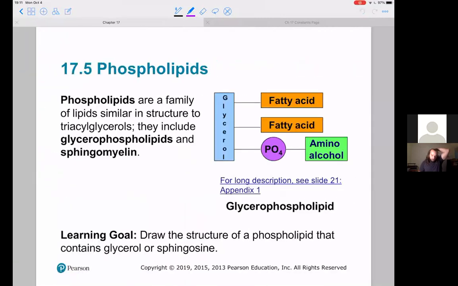Okay, so phospholipids, what makes them phospholipids is this guy right here, which is a phosphate. If it was by itself, it would be PO4 minus. In these molecules, much like what we've seen before, it forms what's called a phosphoester bond.